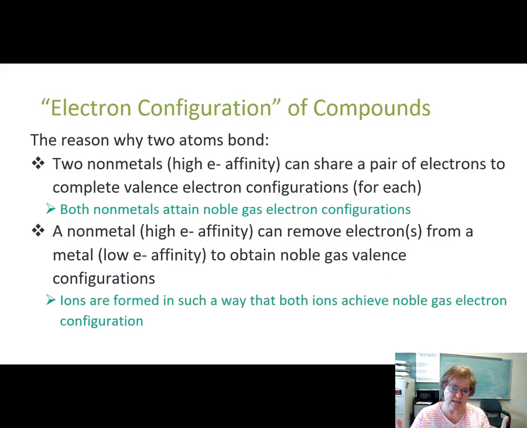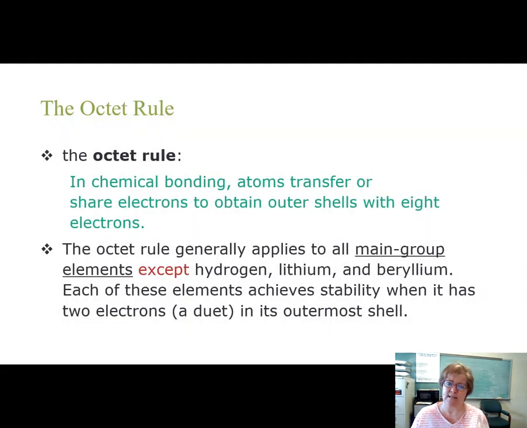In those cases, the metal loses all of its valence electrons and has none, but that redefines the valence shell to be the shell below, which is full. And the nonmetals gain enough electrons through this process to have a full 8 valence electrons. So both end up with complete valence shells. We refer to that as the octet rule.